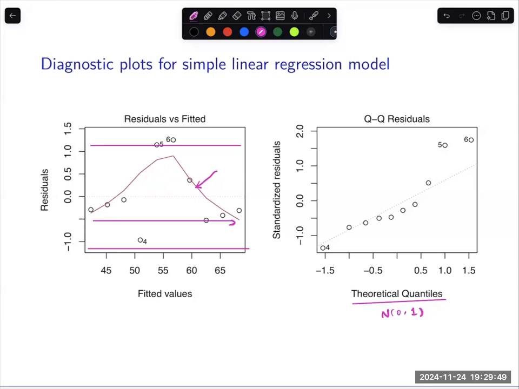If they increase at a common speed, as a straight line, we assume the data follow a normal distribution, and the normality assumption for the random error is not violated.